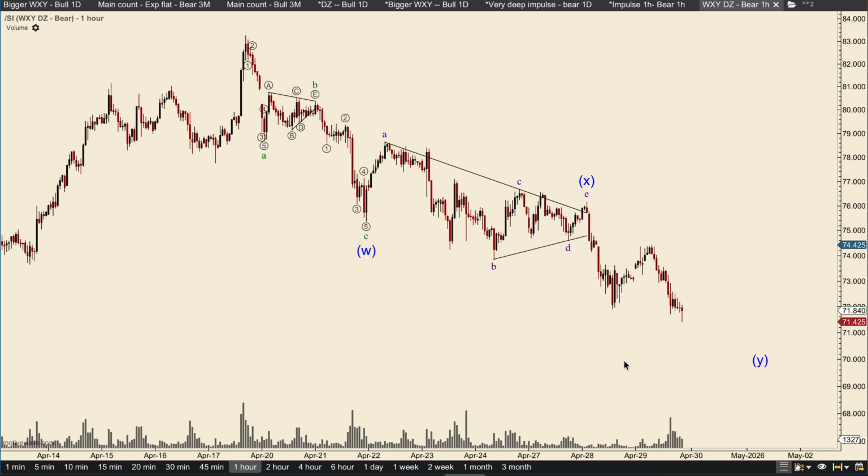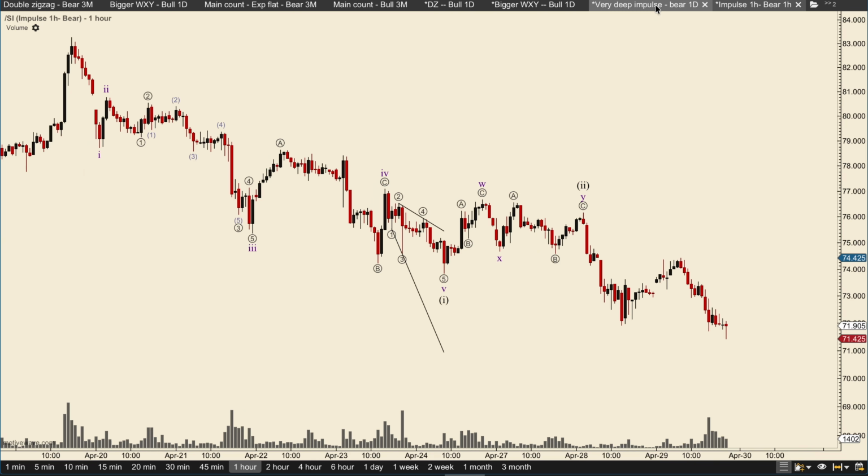So this has way better proportions, even though for a triangle in wave X, triangles are quite rare, like 9 or 10%, something like that. But they do occur, and it is a higher probability as of right now that this is the correct count, just because of the time issue with the impulse, because this is not looking great as an impulse. But as I mentioned, it's not breaking any rules.